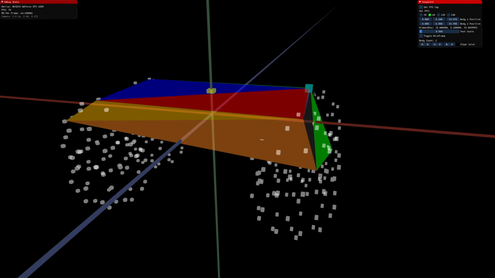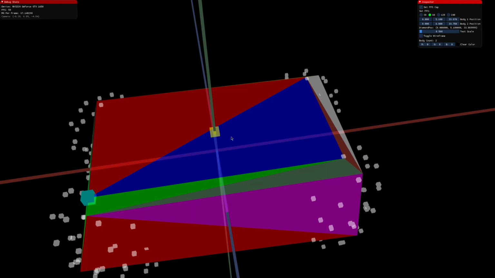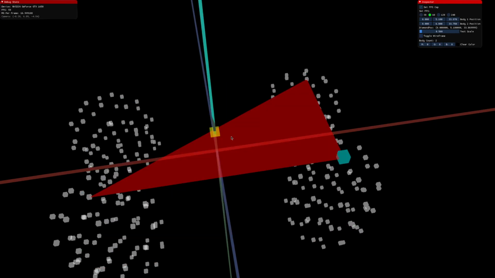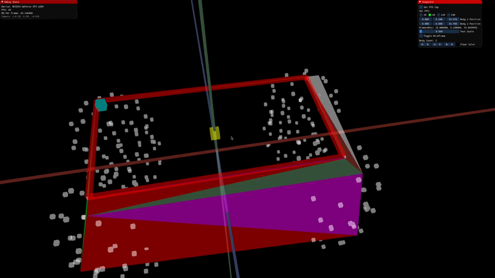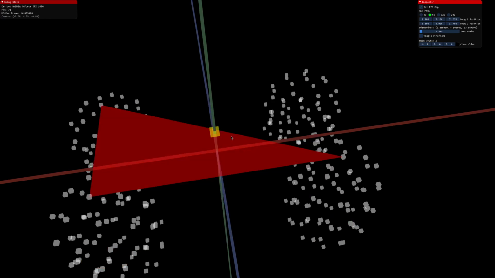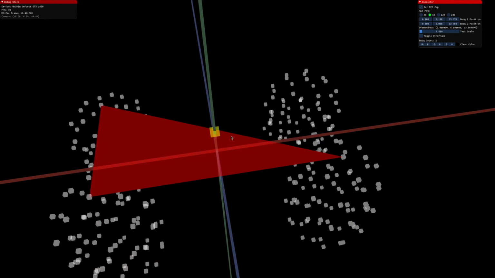Okay, so I think now we are in a position where this is the triangle, it's the closest, I think. No, okay. Void. Okay, so it found, right?